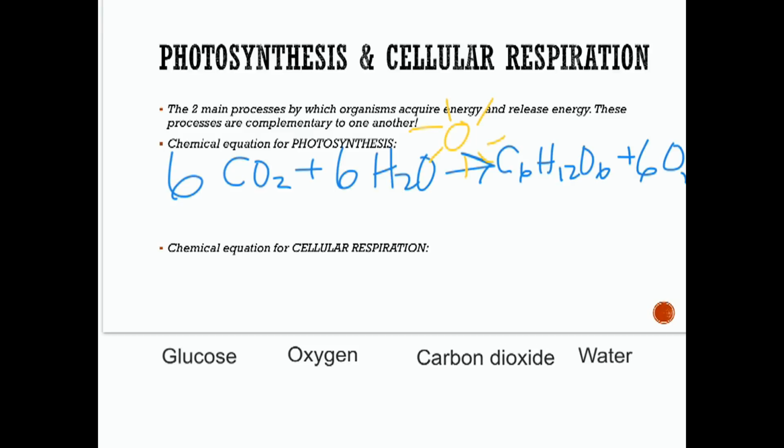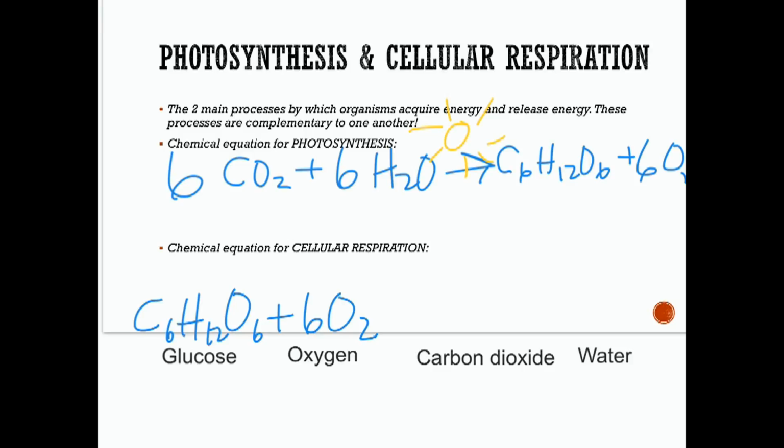So if we were to write out the equation for cellular respiration, it's going to start with glucose, so you've got your C6H12O6. You're going to add your oxygen. And notice those reactants came from the products of photosynthesis.